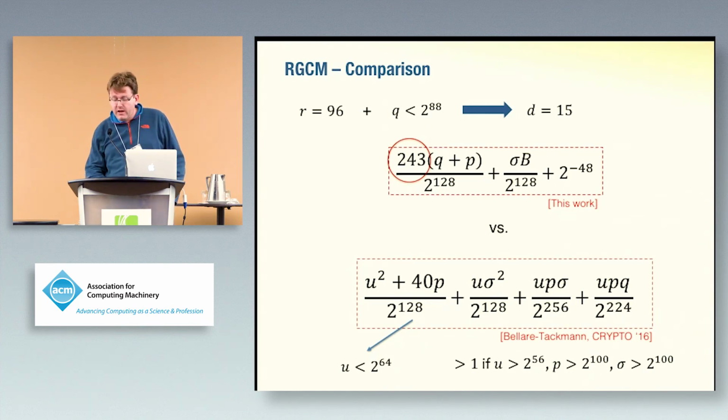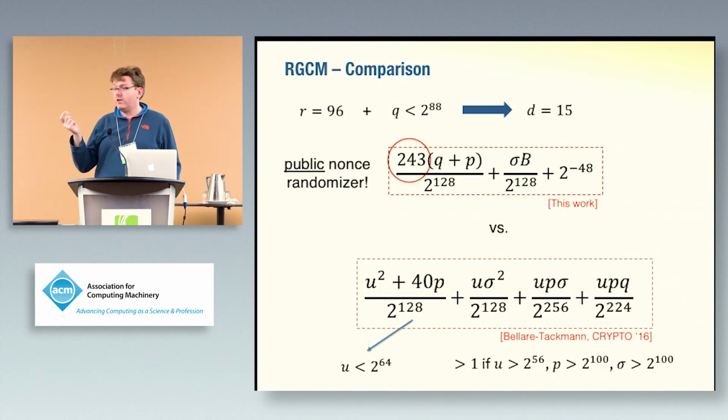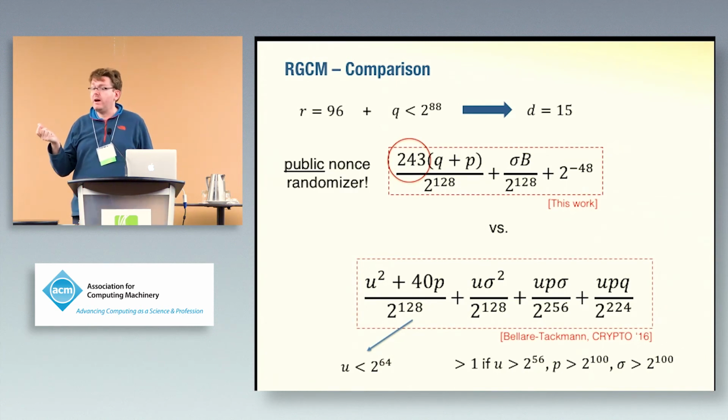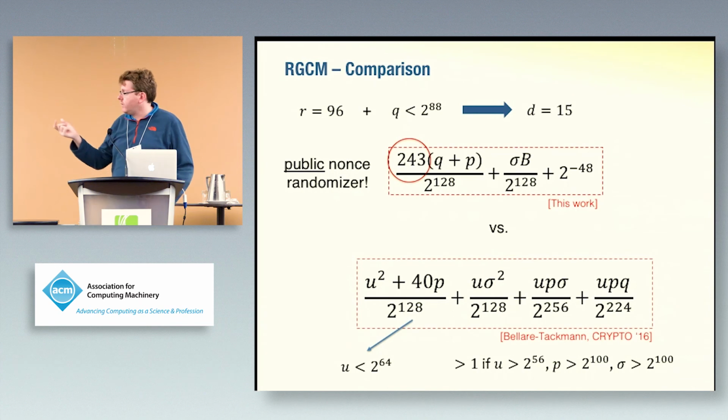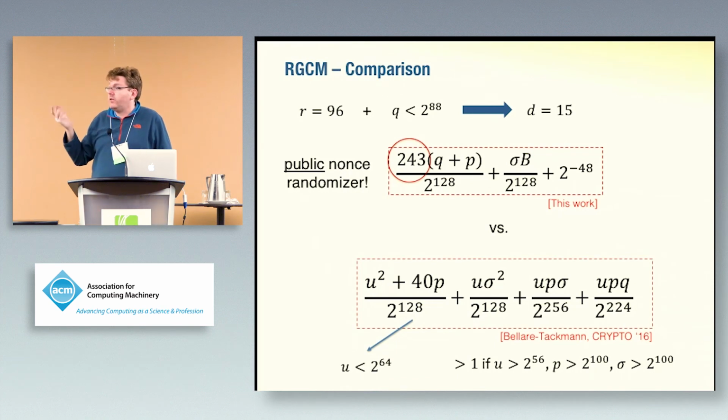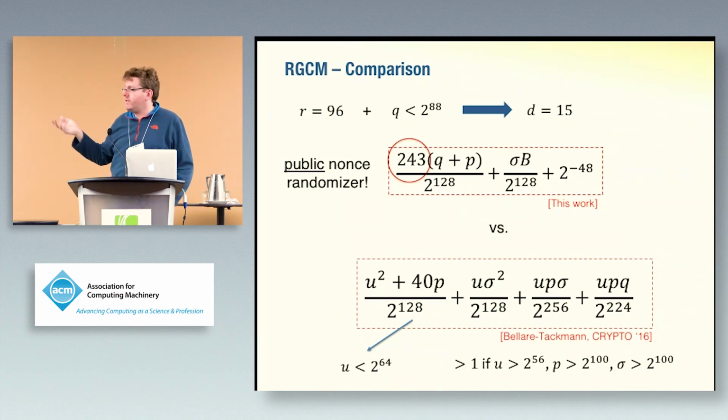In particular, our bound holds even if the nonce randomizer K prime is made public, which is not needed for RGCM, since it's part of the handshake, but actually we don't need that. And this might be useful in other applications where you don't get that for free. So I think you can reduce that constant if you make it private, with actually a simpler analysis, but you expect to gain only about 3 bits of security. So we didn't do it in the camera-ready version.